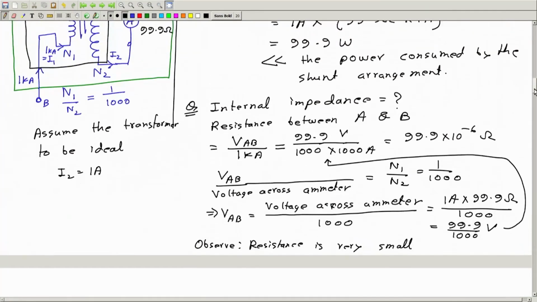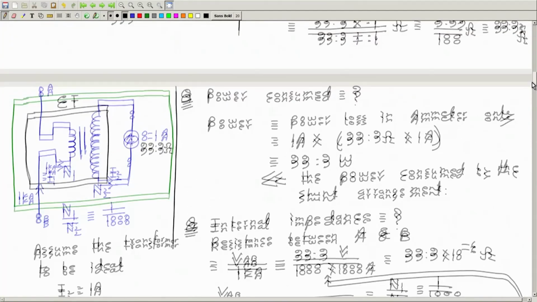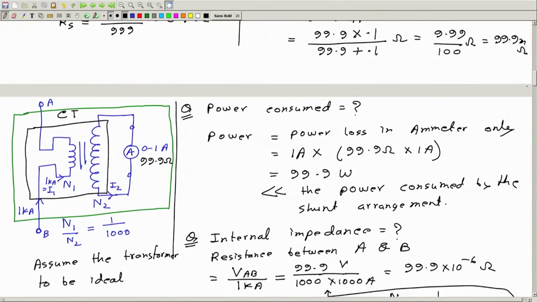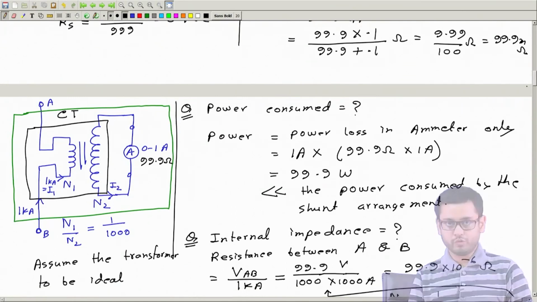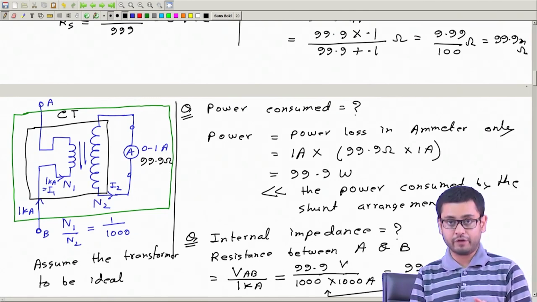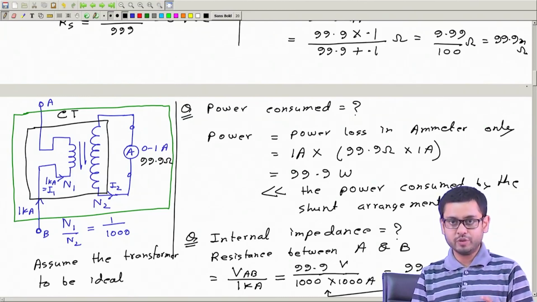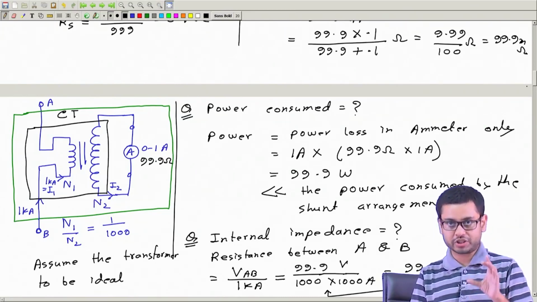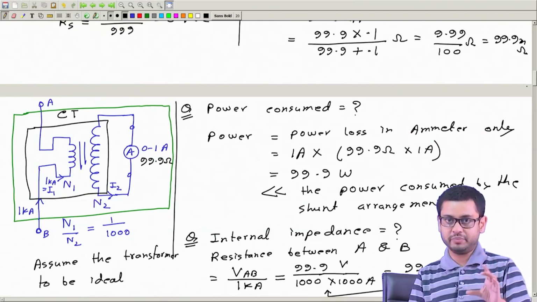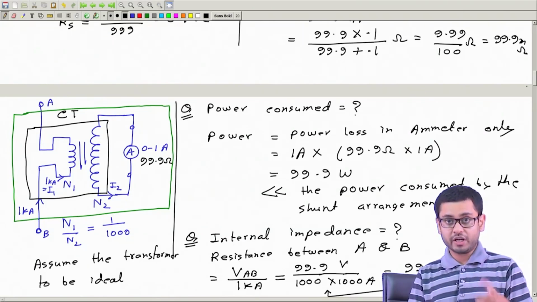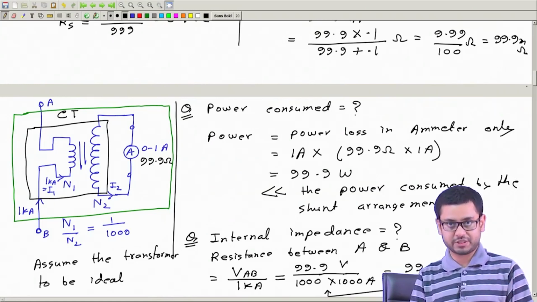So this internal resistance is much smaller, and when measuring a current with any instrument, we want the instrument to have small internal resistance, right? So ammeters we want to have ideally 0 resistance. Lower the resistance, it's better, because then there will be less voltage drop across the meter or measuring instrument. So the original current will not change much.